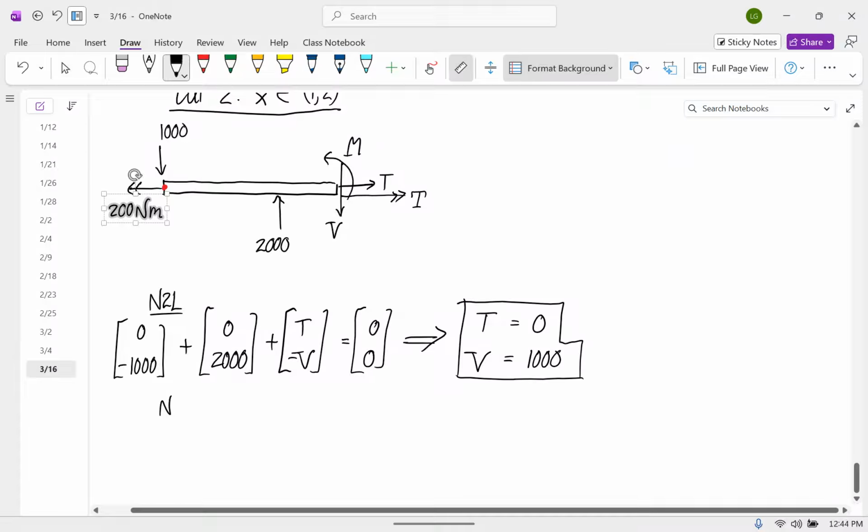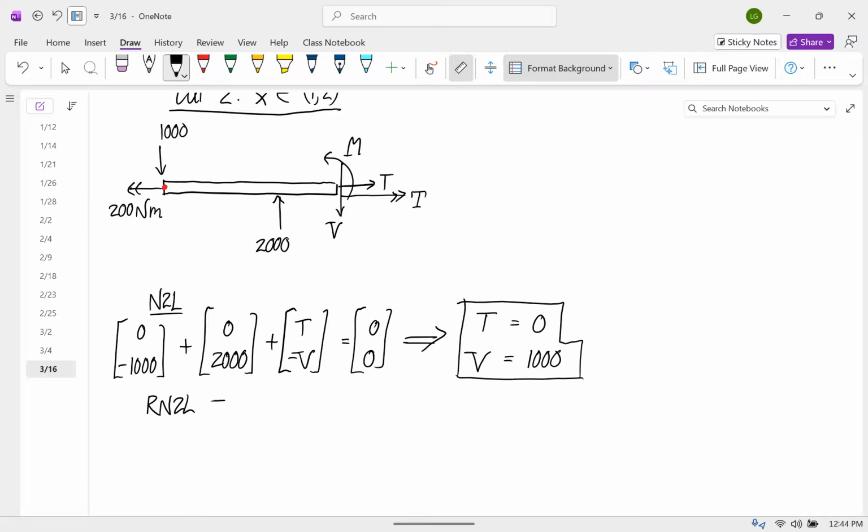Then we'll do the moment equation about the z-axis. That 2000 is, I didn't draw this in here, but 1 meter, right? That's right. So the whole piece has a length of x, but this piece only has a length of 1.